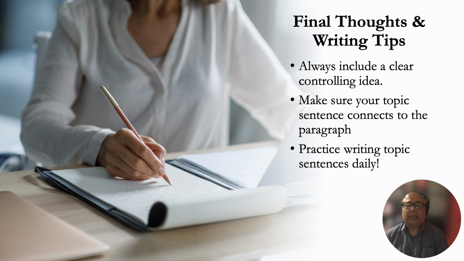Make sure your topic sentence connects to the paragraph. The rest of the paragraph should support your topic sentence. And of course, you have to keep practicing. Remember, practice makes perfect. So practice writing topic sentences daily, and you will see a remarkable improvement in your ability to articulate your thoughts clearly.